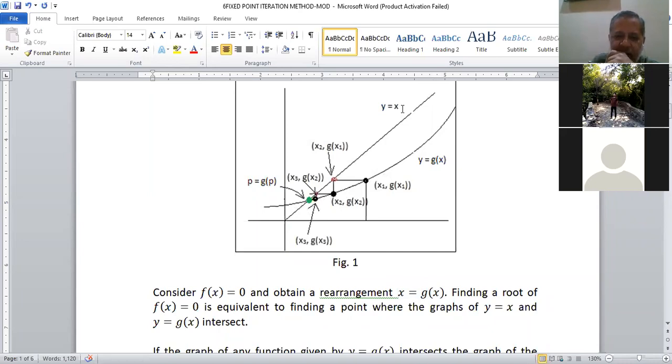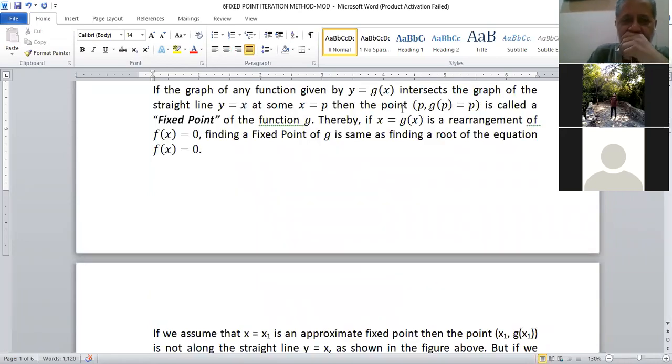The procedure requires starting with an initial approximation and calculating the value of the function g, which is considered the new approximation.